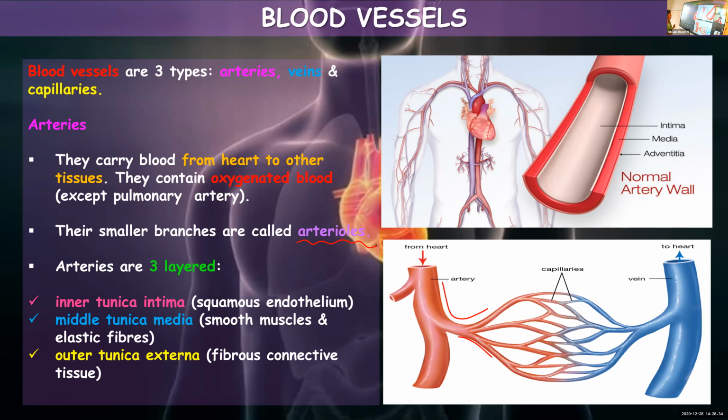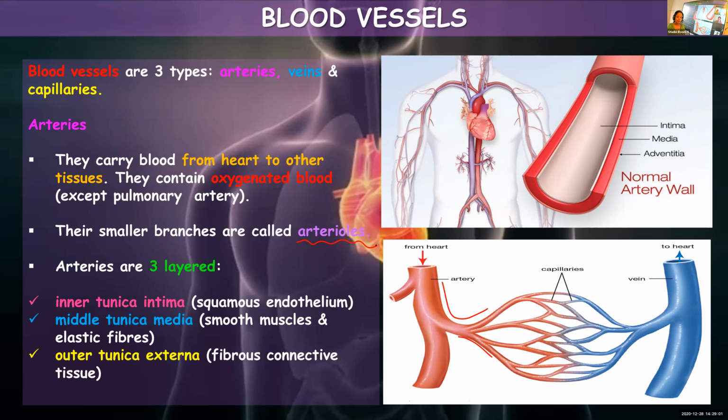The inner tunica intima is made up of squamous endothelium, which, as I have already mentioned, is a type of epithelium. The middle tunica media is made up of smooth muscles and elastic fibers. The outermost layer, tunica externa, is made up of fibrous connective tissue.